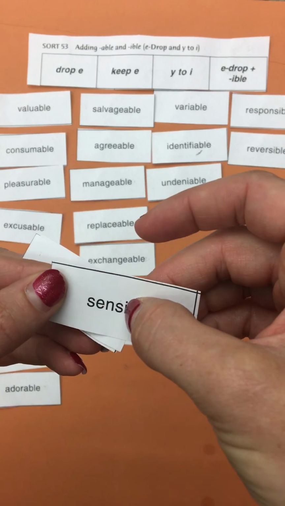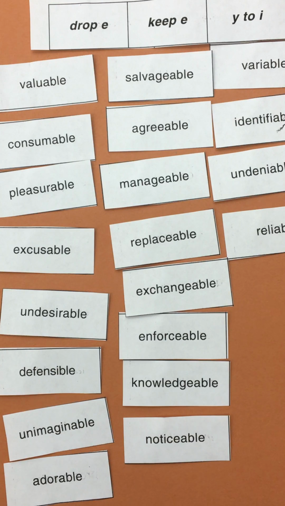Okay, so why do you drop the E sometimes and sometimes you keep the E? Well, here's what it is. You keep the E if, when you take it out, it would result in a change of pronunciation. So sometimes without the E, the letter sound would change.